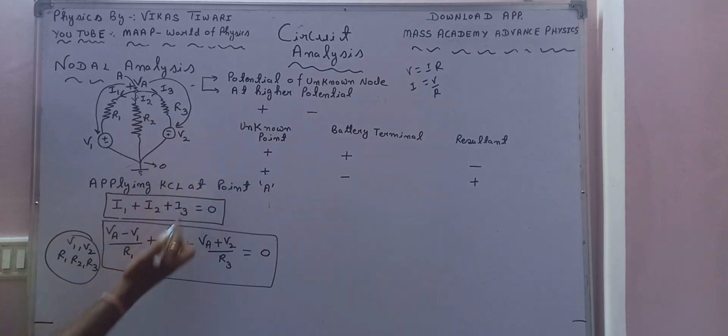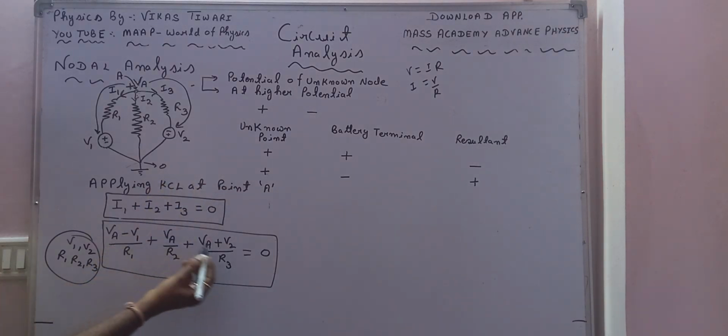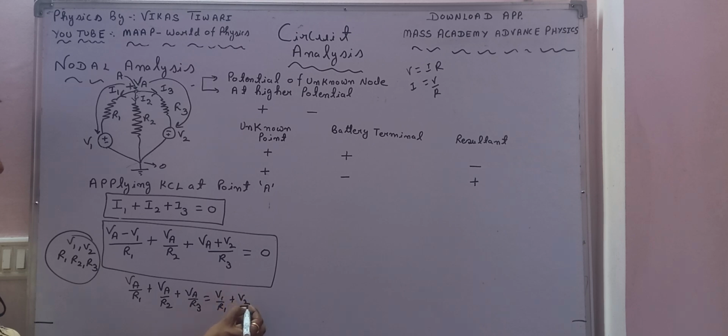Similarly, we can find the value of VA. By putting the mathematics like this, VA upon R1 plus VA upon R2 plus VA upon R3 is equal to V1 upon R1 plus V2 upon R3, and solving for VA we will get its value.